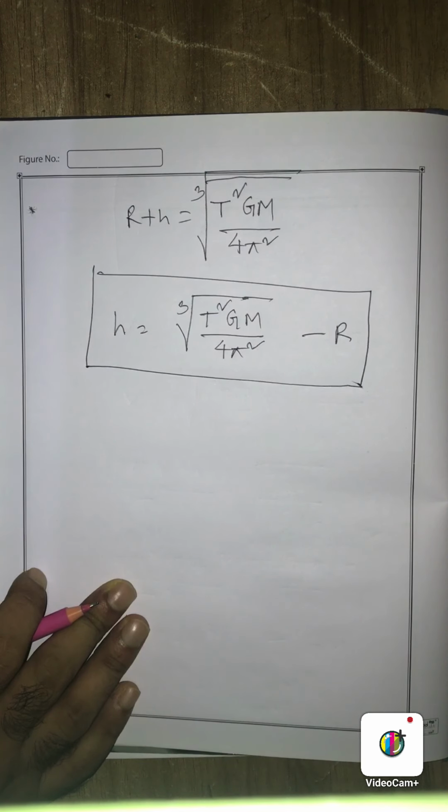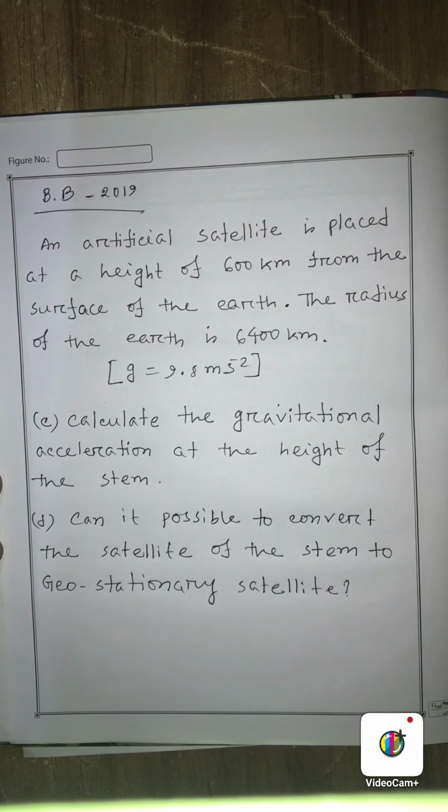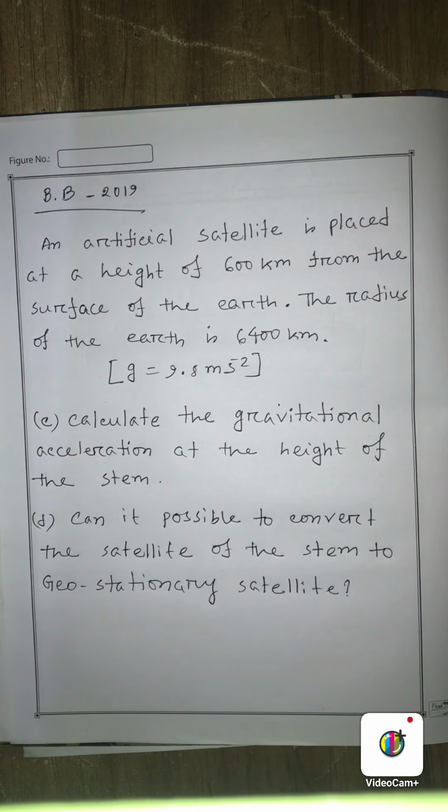Now we solve a creative question on this topic. What is a geostationary satellite? A geostationary satellite means the time period of the artificial satellite is equal to the time period of the earth, 24 hours.